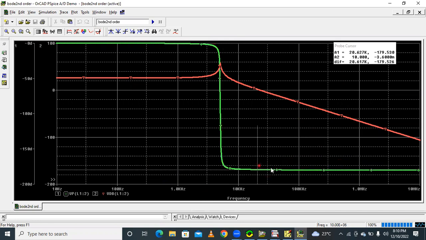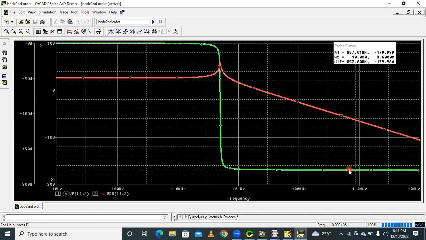This phase plot is at minus 179.99. This is our minus 180 degrees line. Understood? Here the frequency is approximately 857 or 753. So this phase plot touches the minus 180 degrees line here.